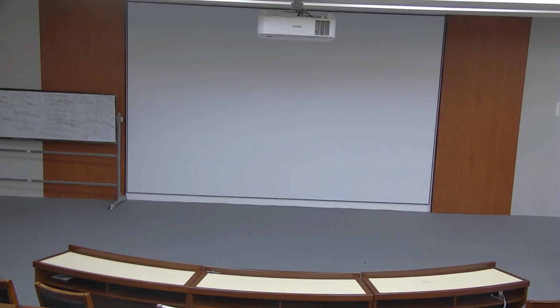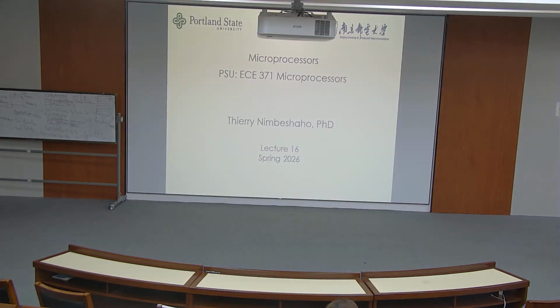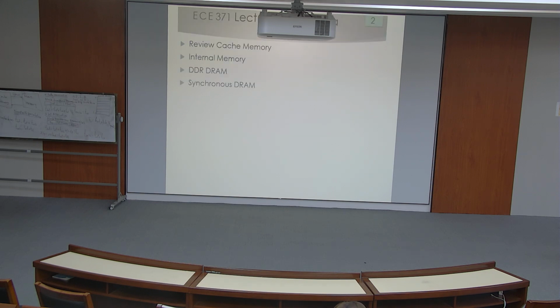Lecture number 16. For lecture number 16, we're going to continue with internal memory. We're going to have a short review of the cache memory because cache memory is one of the internal memory systems. Now, what do you call internal memory?